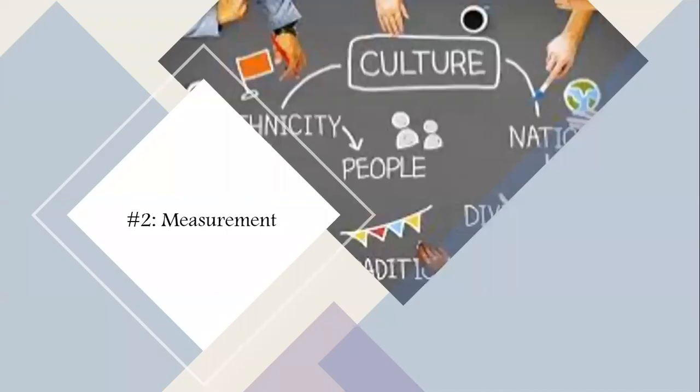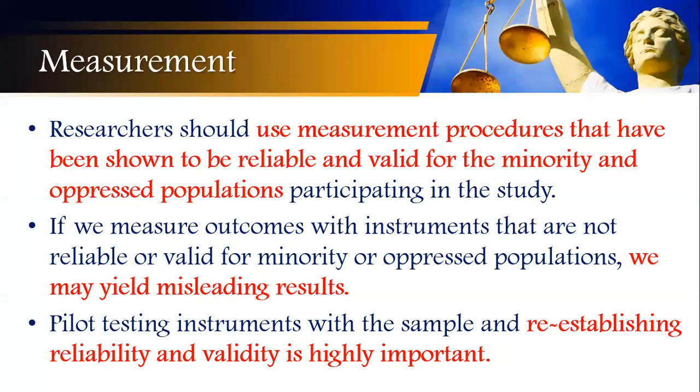Now let's talk about measurement. Researchers should use measurement procedures that have been shown to be reliable and valid for the minority and oppressed populations participating in this study. And so when we get to chapter 9, which is on measurement, we'll talk about reliability and validity.